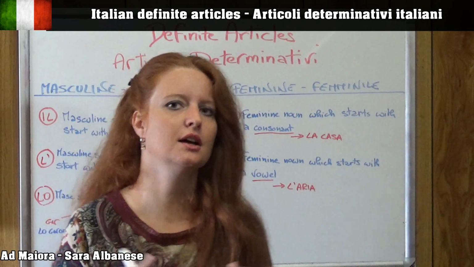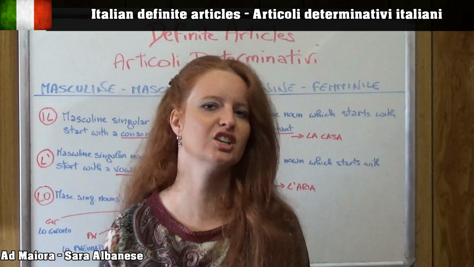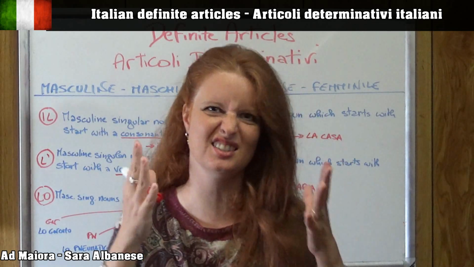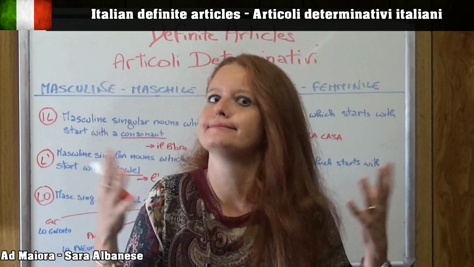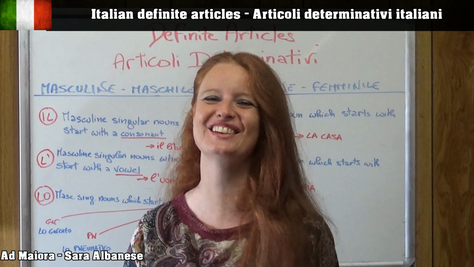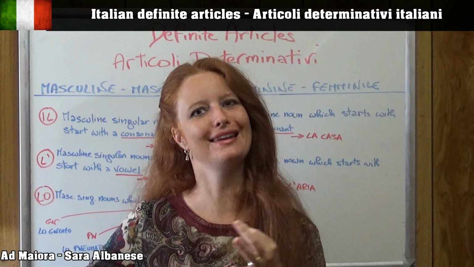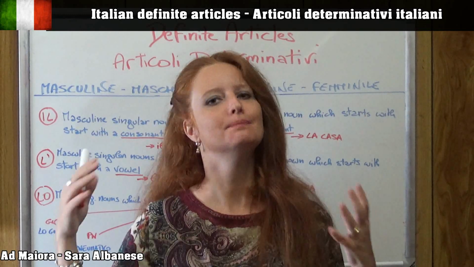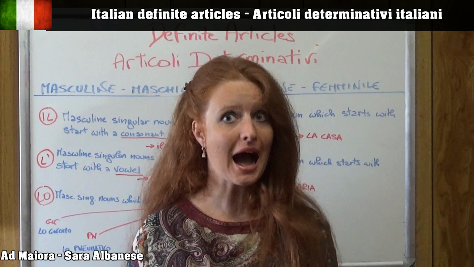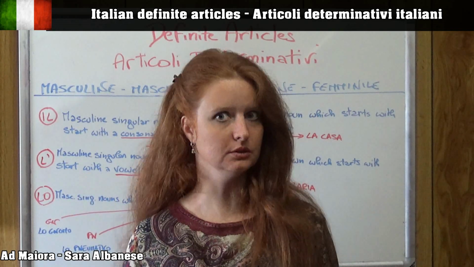But obviously, I'm telling you a very general rule. There are so many exceptions that I can't really tell you it's like that. It's just a general suggestion. Anyway, animale: masculine, singular, starting with a vowel.